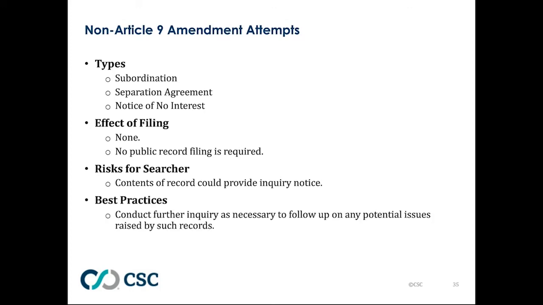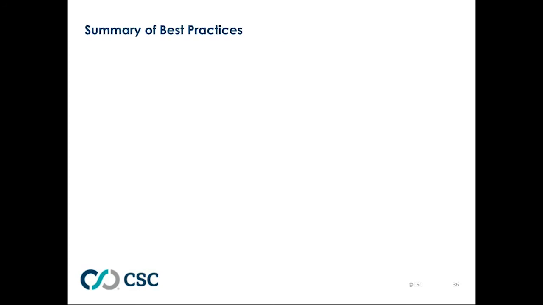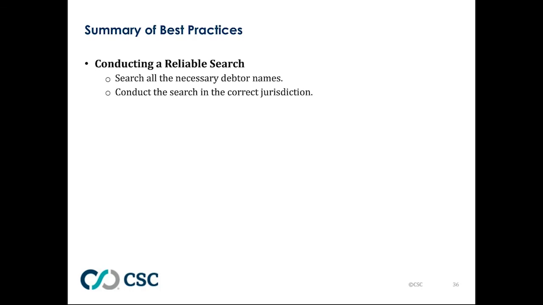So, summary of the best practices for conducting UCC searches. Number one, it's necessary in conducting a reliable search to search all the necessary debtor names, conduct a search in all the correct locations, make sure you are using the right search logic for the job, and review copies of all the disclosed records.